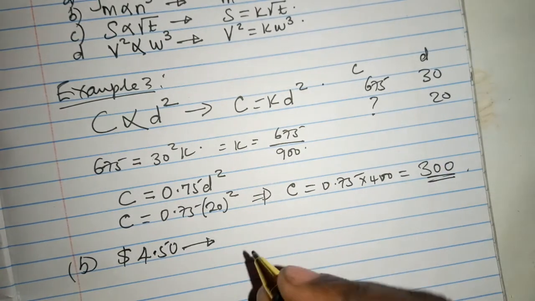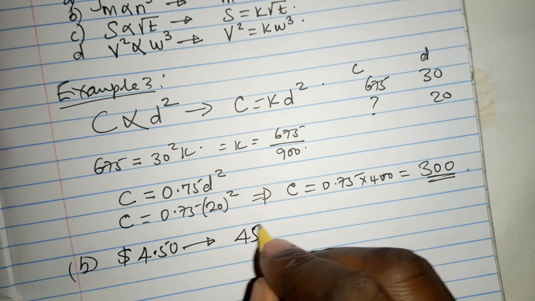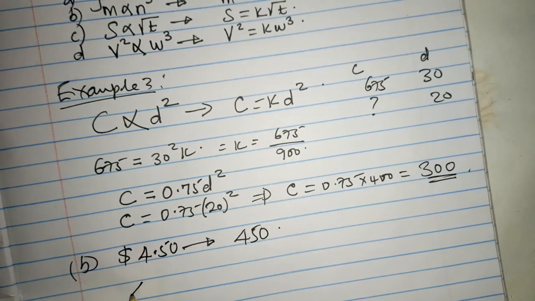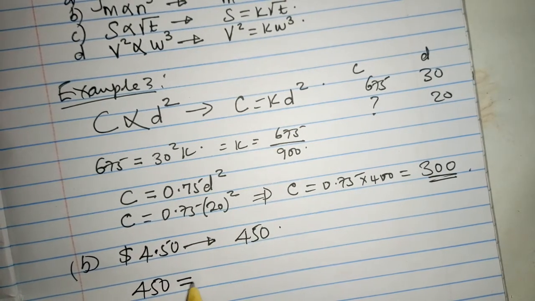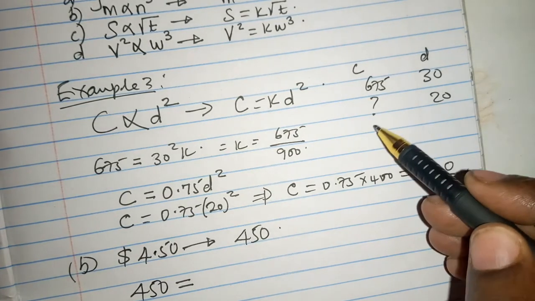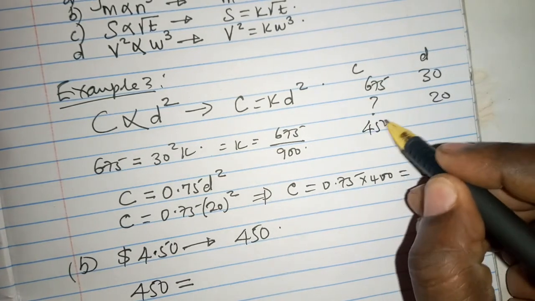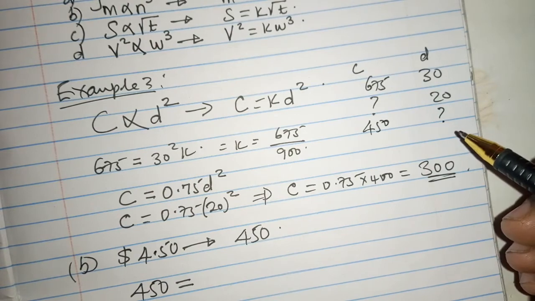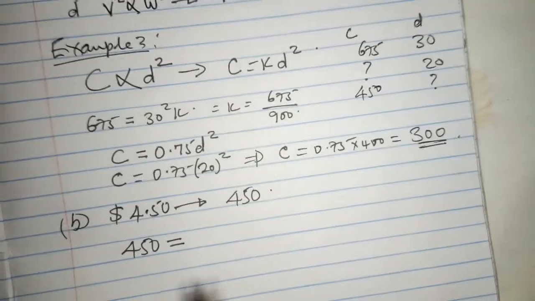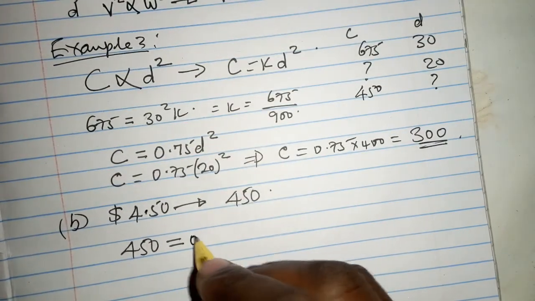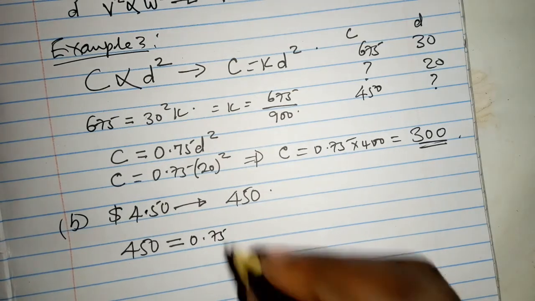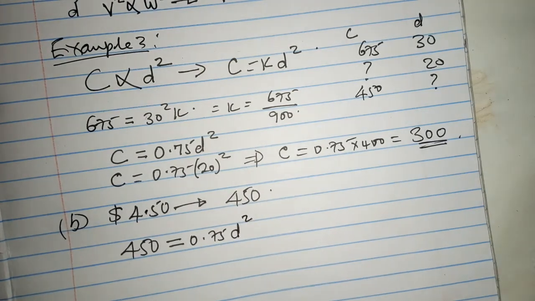So this is 450. We have the cost, which is 450, and we're looking for the size of the pizza. 450 is equals to 0.75, which is the constant, times d squared.